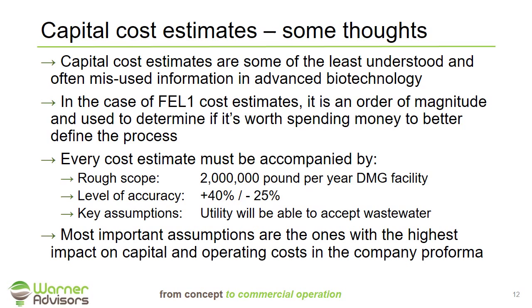And it's important for those estimates generally to represent some of the items that have the highest cost impact on your company pro forma. As you develop your techno-economic model, you'll understand what the highest risk factors are, and those should really be the assumptions that are quoted with each of your capital cost estimates.